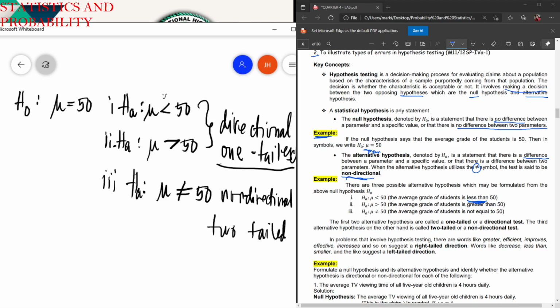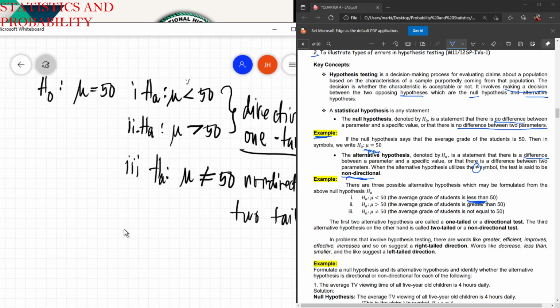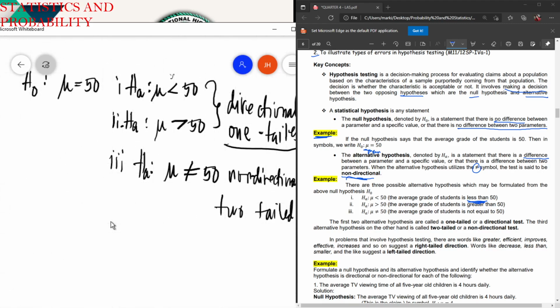Okay. If we are going to have a graph or a representation of what is one-tailed or two-tailed, we have here the alternative hypothesis that the mean is less than 50. Say for example this is 50, so we shade here, on the left.